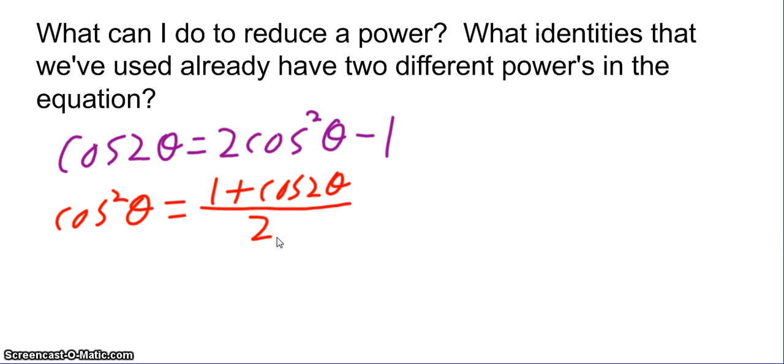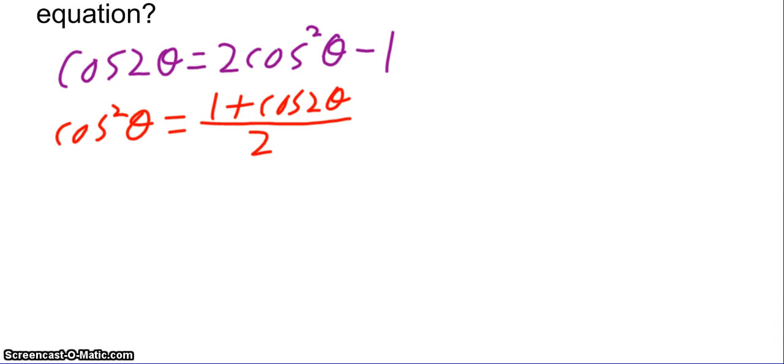So that's how I can reduce the power of cosine. If I have a cosine squared, I can put it into cosine to the first power by using the power reducing identity.